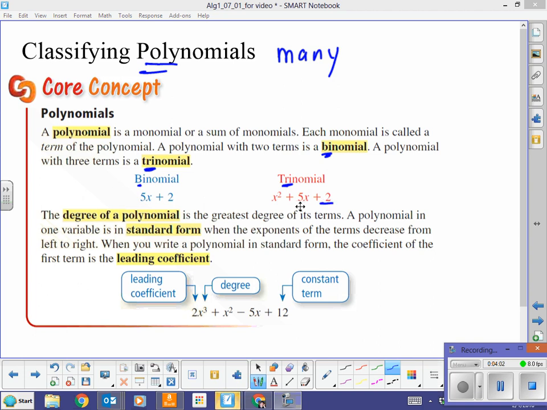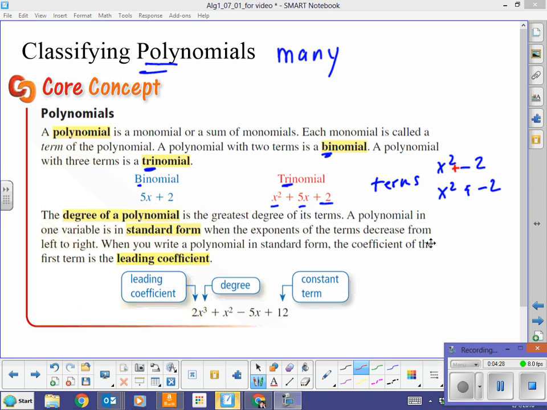These are the terms of the polynomial, the things that are added. Okay, when I say terms, think about the things that are added. So if I was to say x squared minus 2, my terms would be x squared and negative 2. Because what's happening here? I'm adding a negative 2, right?